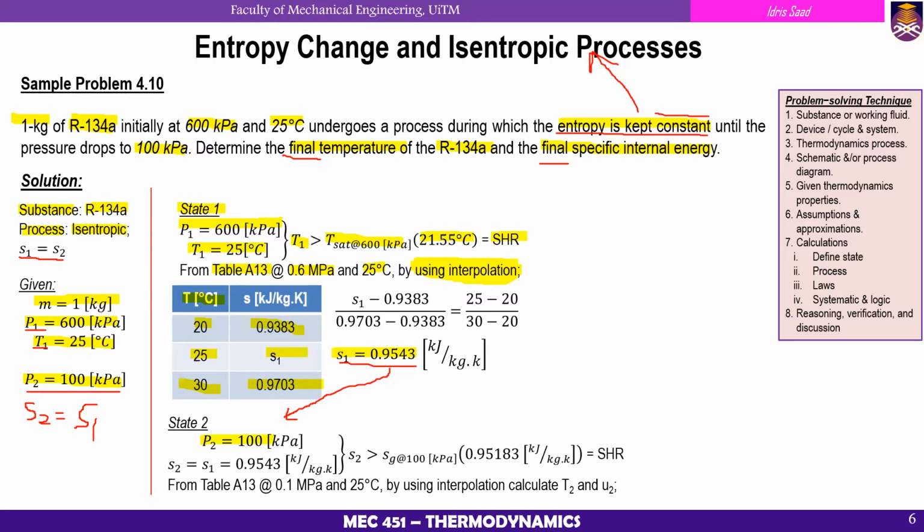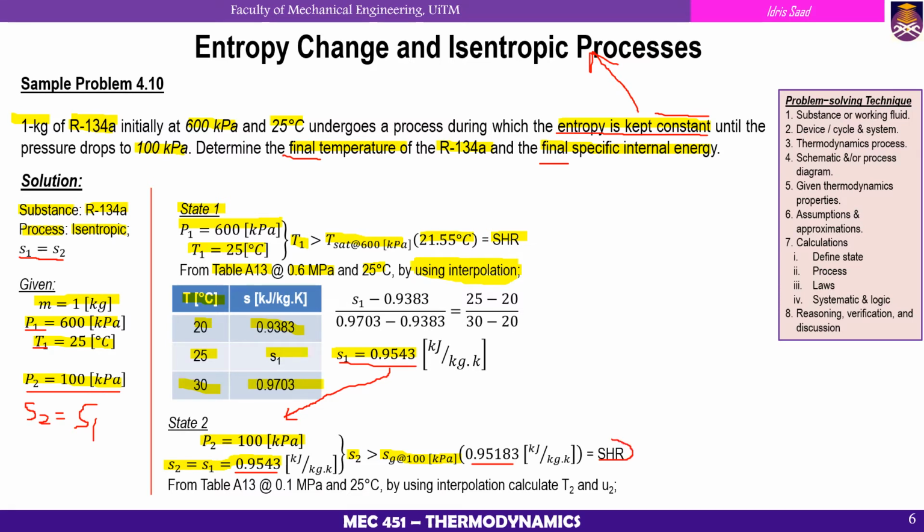P2 is equal to 100 kilopascal. S2 is equal to S1, which is 0.9543. Based on the table, we found that S2 is higher than Sg at 100 kilopascal, where our value of S1 is 0.9543 and the value of Sg is 0.95183.